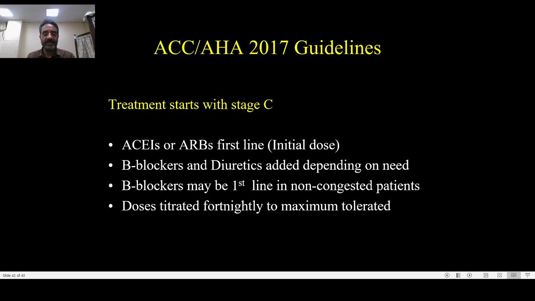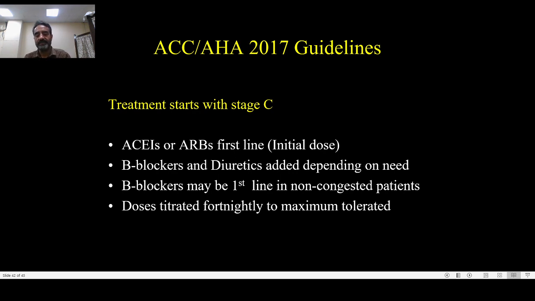The first line drugs are ACE inhibitors or ARBs with a lower dose, which is increased at intervals to the maximum tolerated doses or till improvement is there. Depending upon the need, you can add diuretics, and in specific patients, decompensated patients, you can add beta blockers.